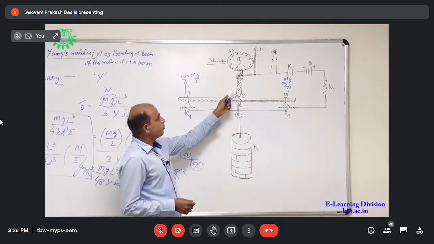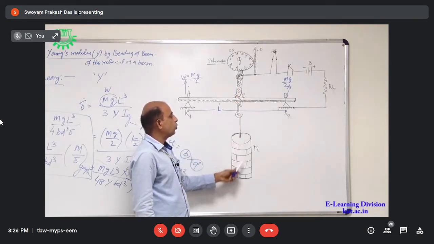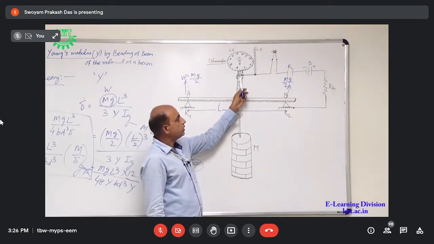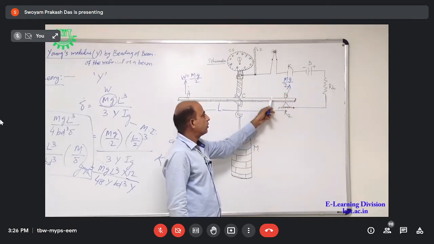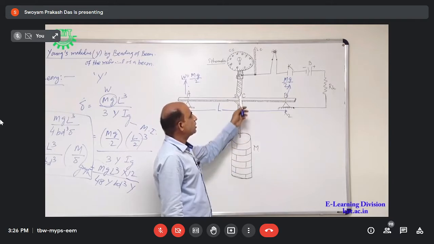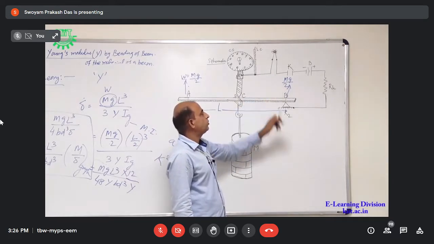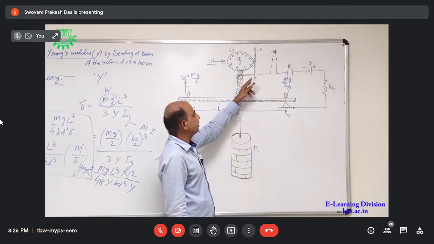Then a spherometer arrangement is here to touch this small hanger through which the load is applied, and there is a circuit. When the load is given, we will see the blinking of light when the circular scale is rotated.